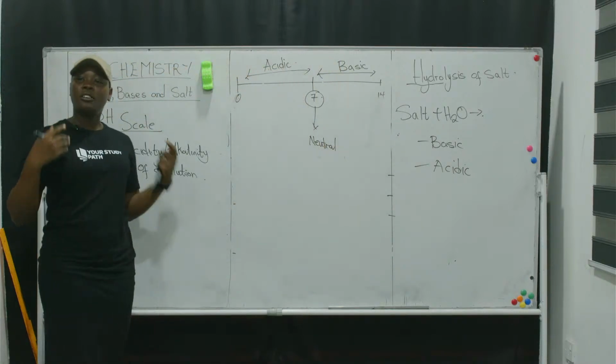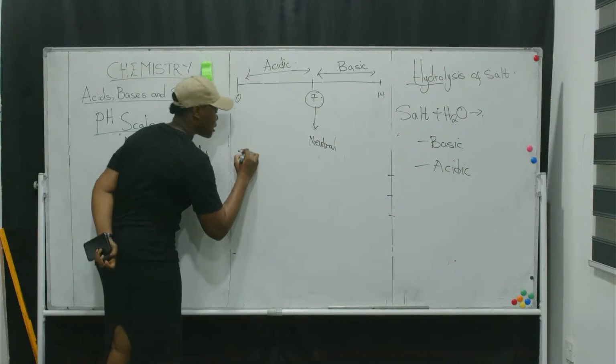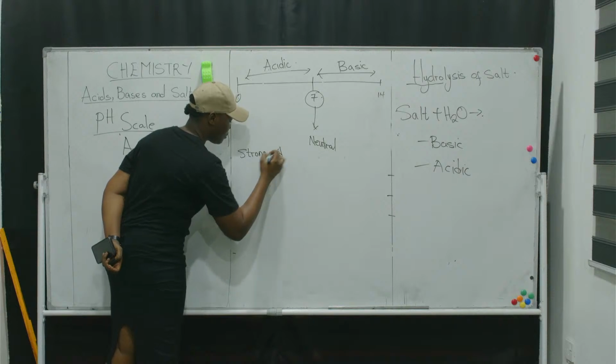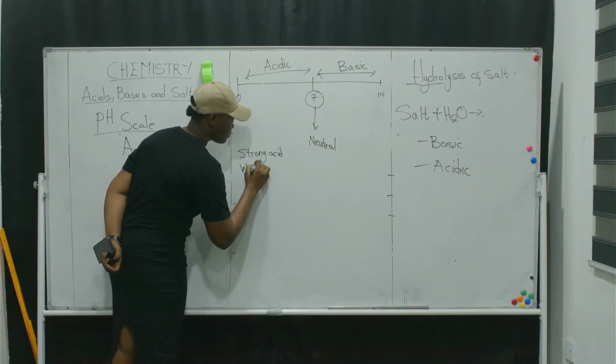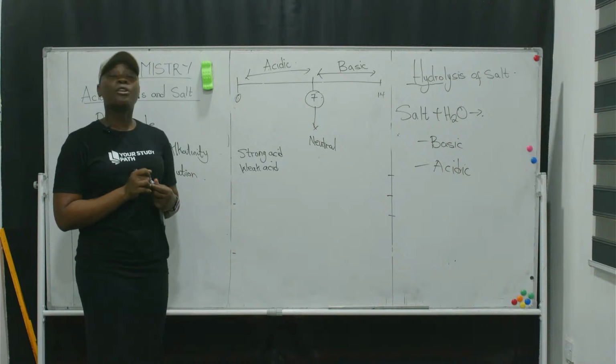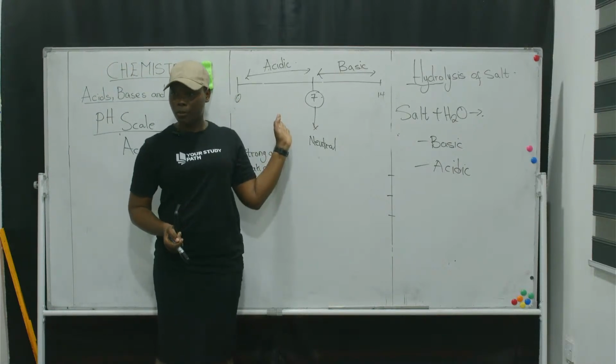So in the course of this class, we talked about strong and weak acid, right? When you move towards 7, you're moving towards neutral.